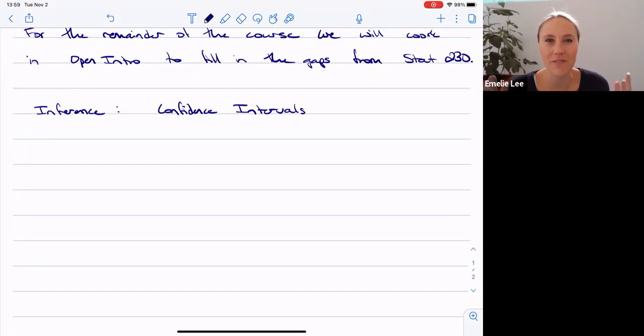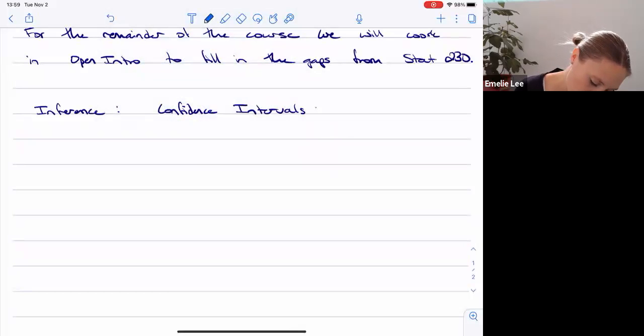I say that vaguely, a parameter is just anything from the population, right? And so it depends on what we want to talk about. That can be something that we know, like the population mean, the population proportion, the population difference in the means, or maybe it's something we haven't looked at before, maybe the population correlation, right? So it can be anything in general. What we need to remember is that a parameter is something from the population that we're trying to estimate.